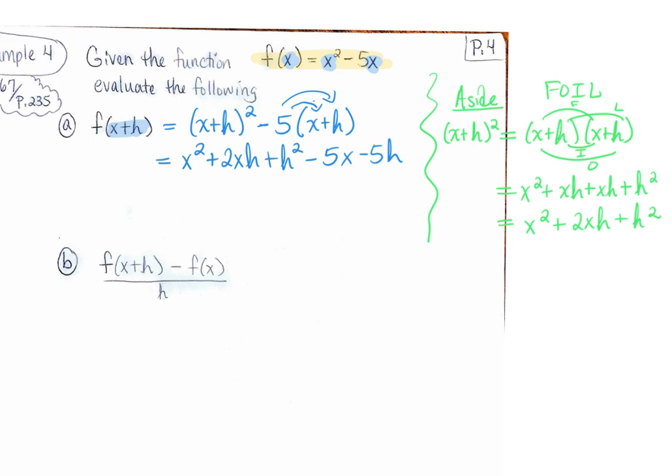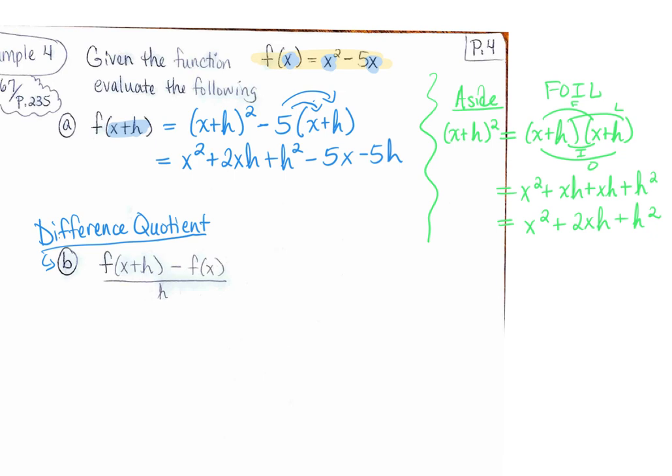And so now, this you'll see again in this course because this is what's called our difference quotient. That's B. That's our difference quotient.